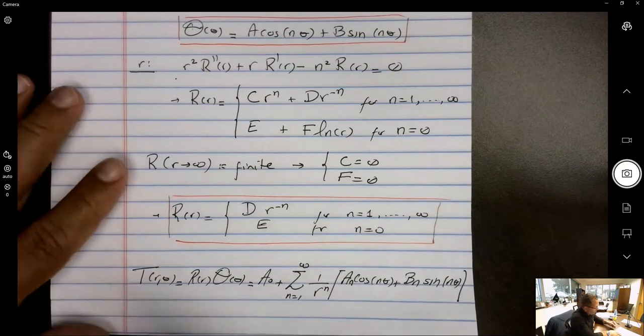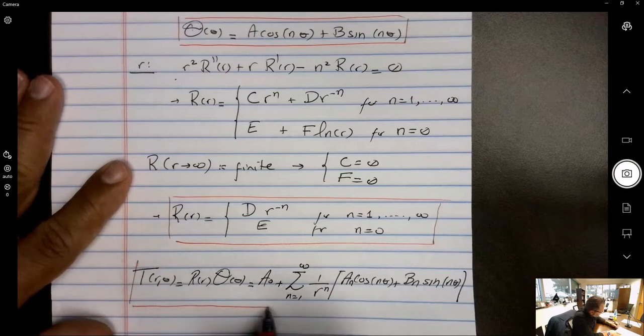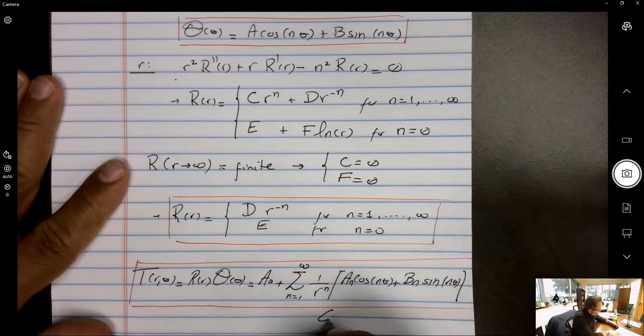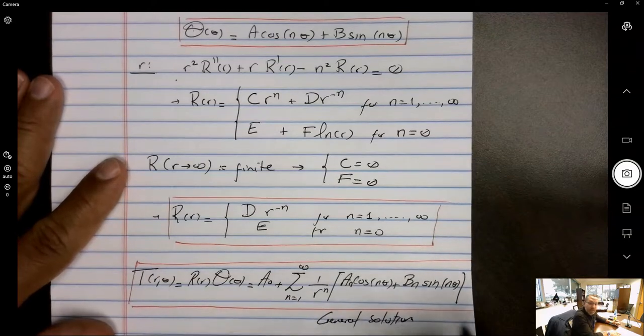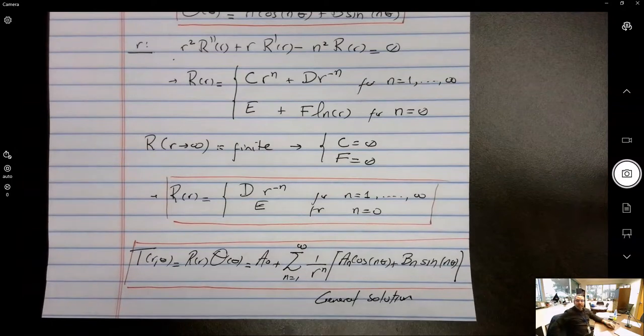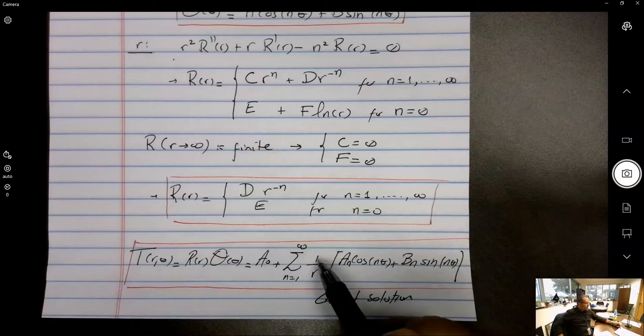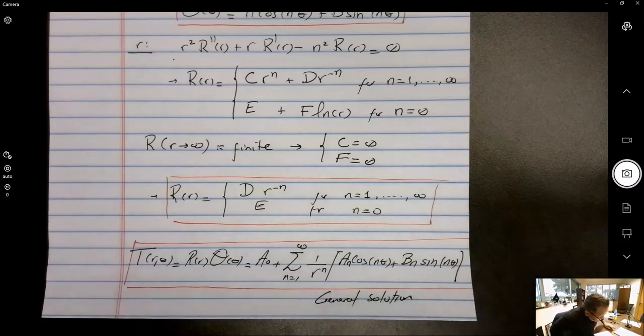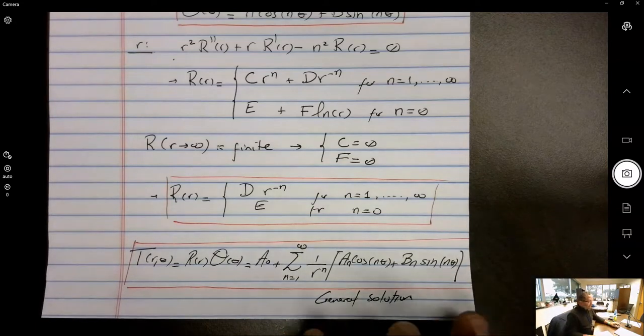That is the general solution. Basically nothing changed between the inner problem and the exterior problem, other than that these functions, which were r to the n in the interior problem, are now 1 over r to the n, or r to the minus n, essentially, in the exterior problem.